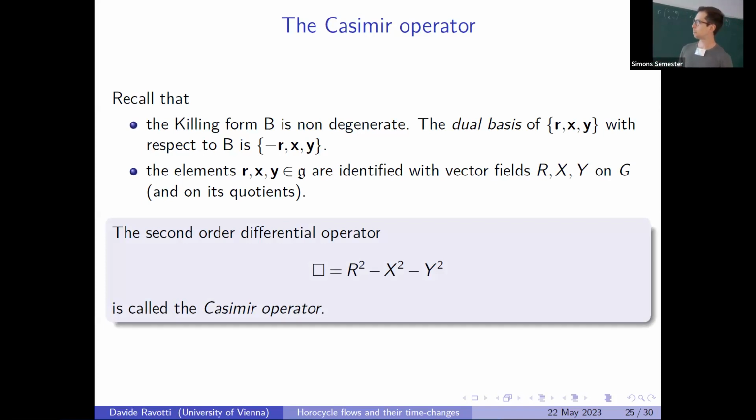So R times minus R with a minus becomes R squared. X composed with X is X squared, and I put a minus in front. And Y composed with Y is Y squared with a minus in front. This is called the Casimir operator. These elements are derivatives, and I'm doing them twice, so it's a second order differential operator. It's a sum of partial derivatives of second order.